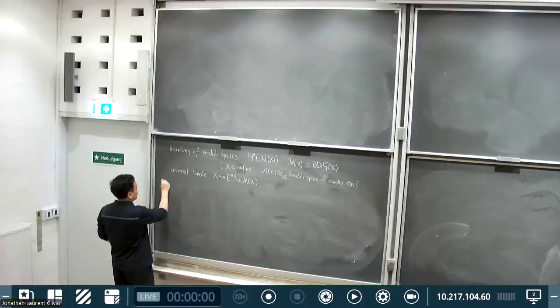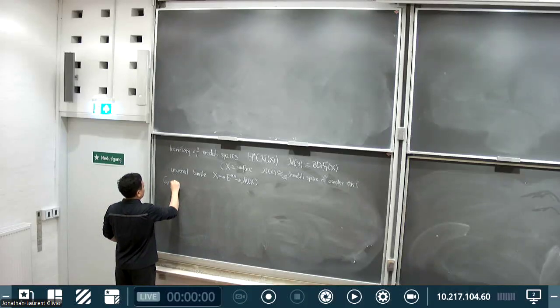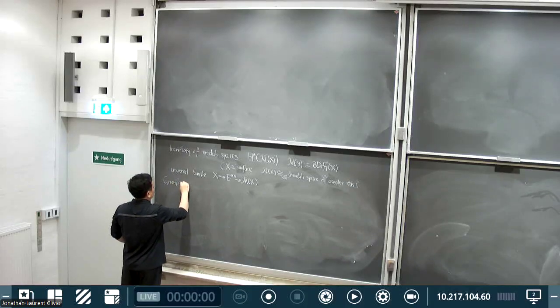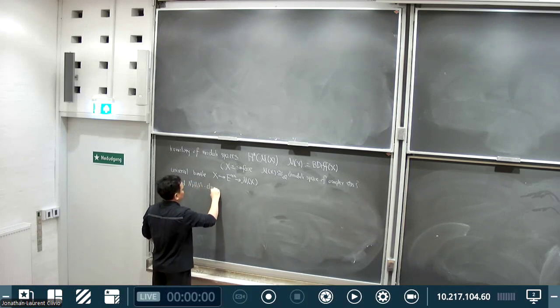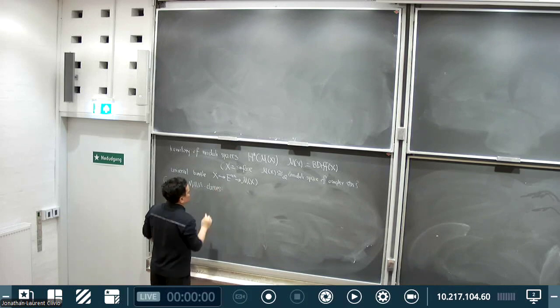Let's call it the generalized Miller-Morita-Mumford class. So how do we do that?